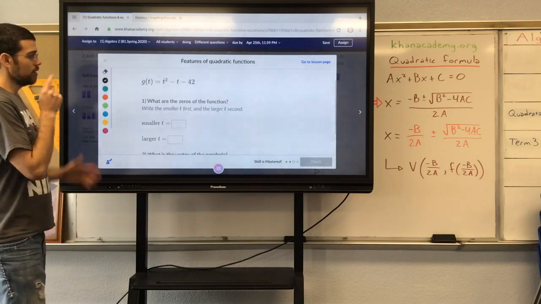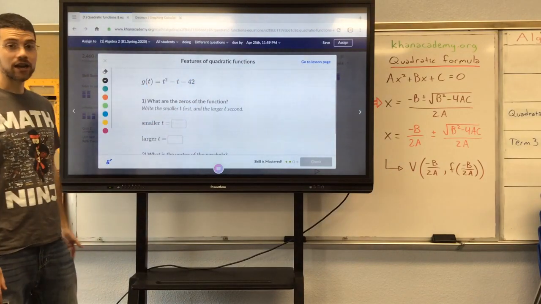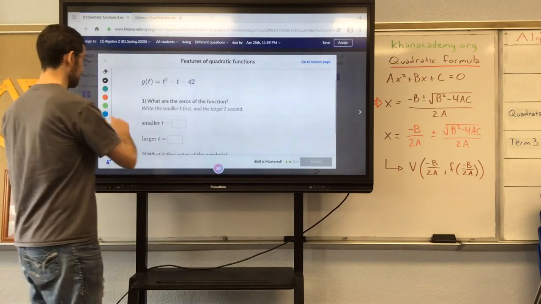Now, finding the zeros, if it's in standard form, we can use the quadratic formula. So let's go ahead and do that.